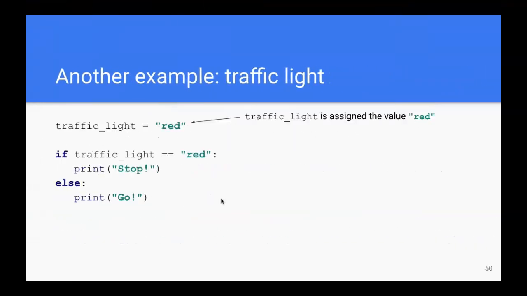That should hopefully make a whole lot of sense. But again, I just want to emphasize the thing here. The first time we say traffic light equals red, that is assigning the string red to traffic light. The second time, when we say traffic light equal to red, we're asking the question, is traffic light equal to the string red? And if that is true, we should stop.